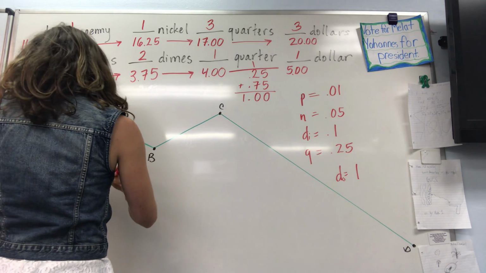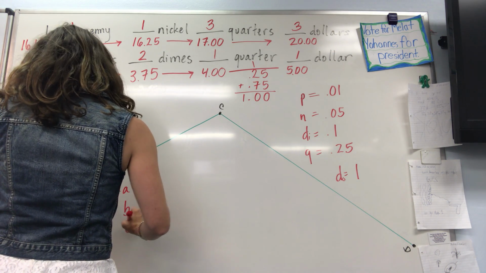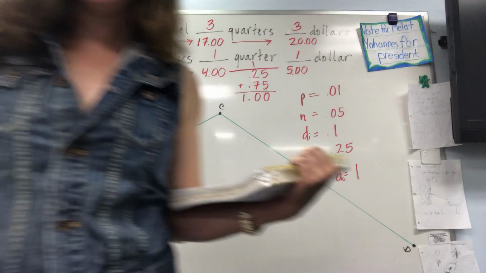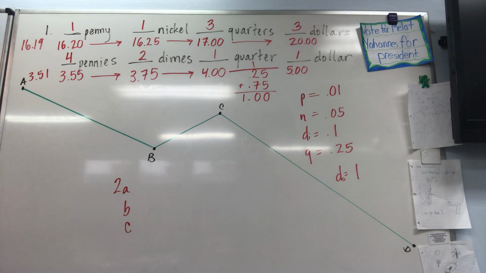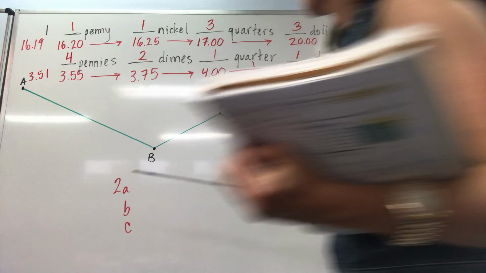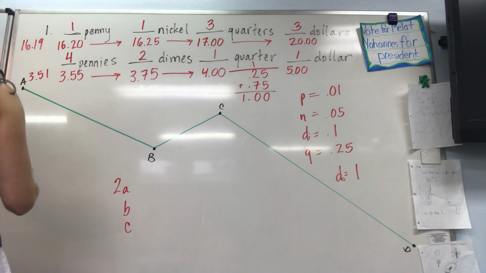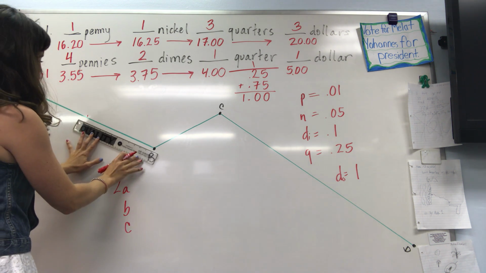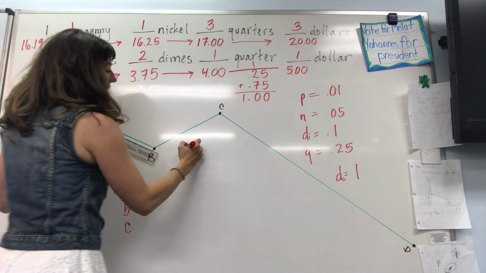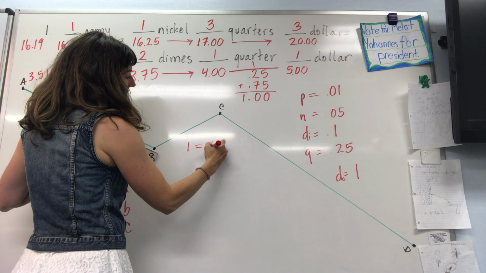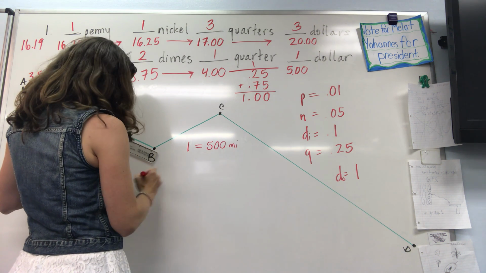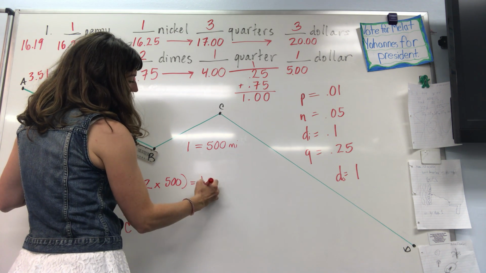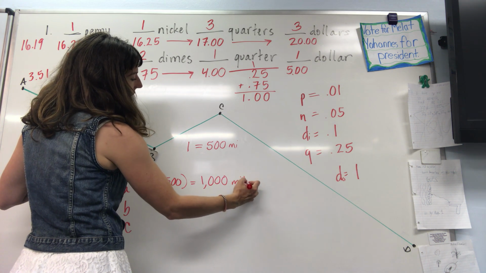Here we go, answering the questions. 2A, B, and C. 2A wants to know the distance between point A and point B. So if 1, whatever you're using, equals 500 miles, I need to do 2 times 500, and that equals 1,000 miles.